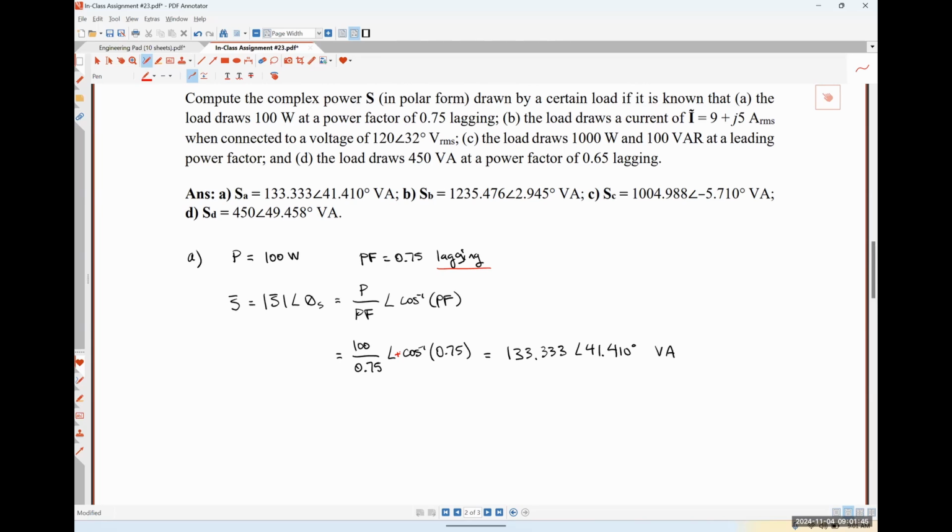If we are ever told that our power factor is leading, we're going to have to explicitly put a negative sign in front of our inverse cosine operation to make it give us a negative angle. Just being very, very clear about that. Anybody have any questions, comments, or concerns about how we dealt with part A?